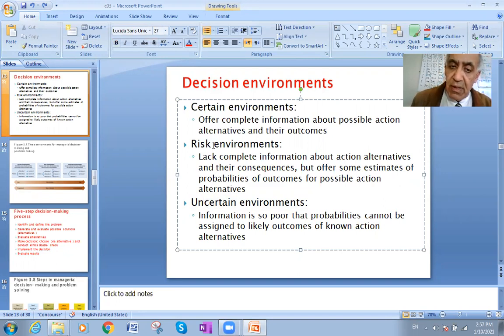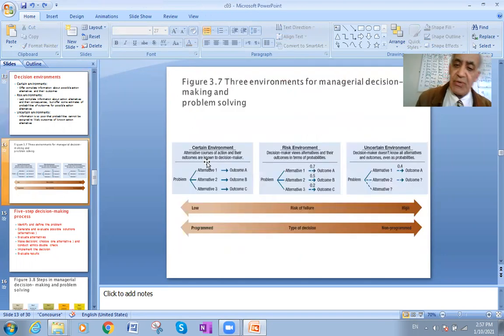And for the risk in between, we put a probability distribution. Some scientists say certain and uncertain are just in the books, but the real decision making environment is always in the risk area. And I agree with this as well, because you are not always quite sure.